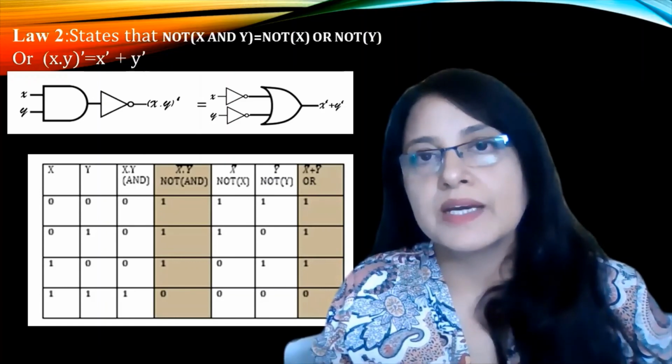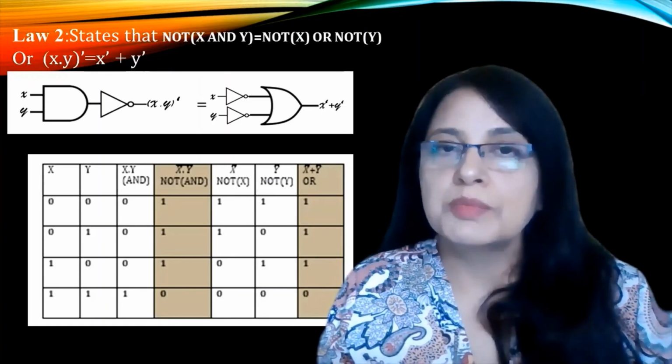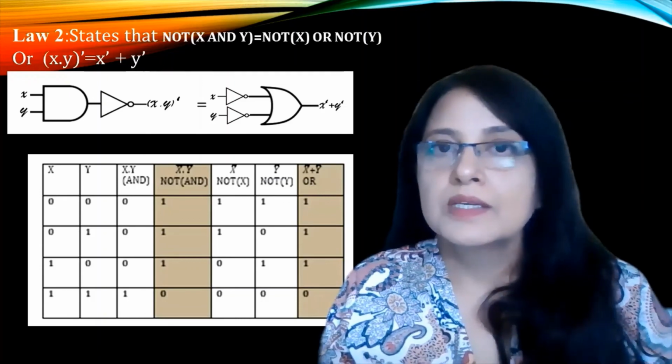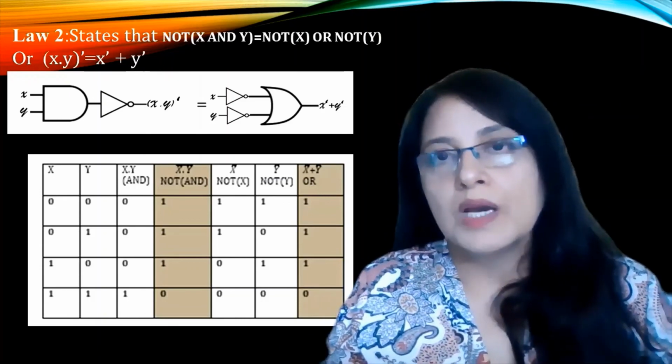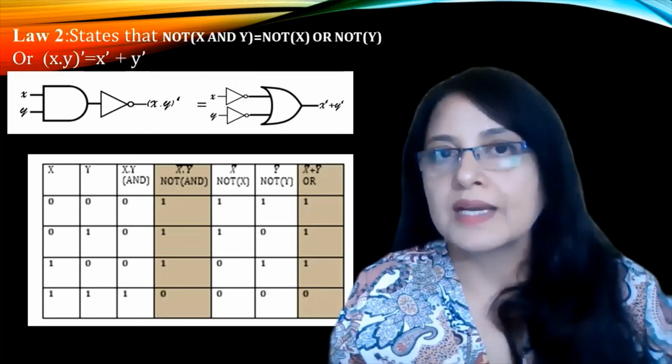If we put this entire thing inside a truth table, we'll be able to prove that these two are exactly the same. Here we've done it through two highlighted columns which look exactly the same.